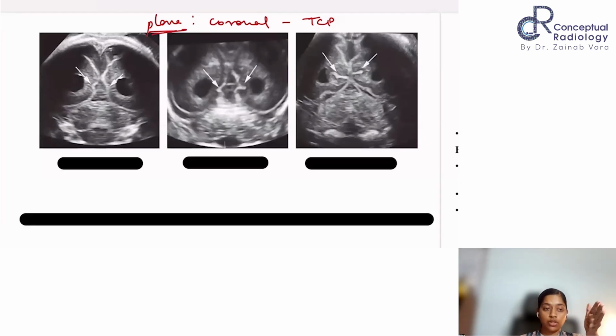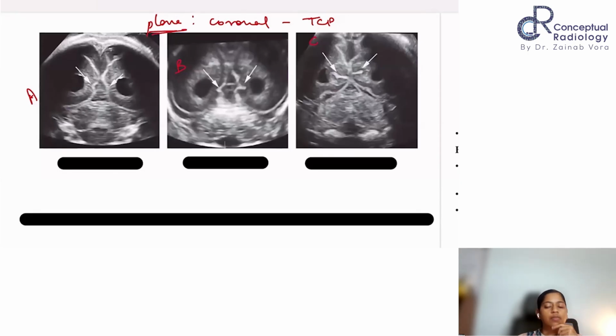So which one is early gestation and which one is the late gestation? A, B, C. Arrange early to late. ABC, CBA, BAC, CAB, whatever. Ascending order, yes. Good. And how do you know it?